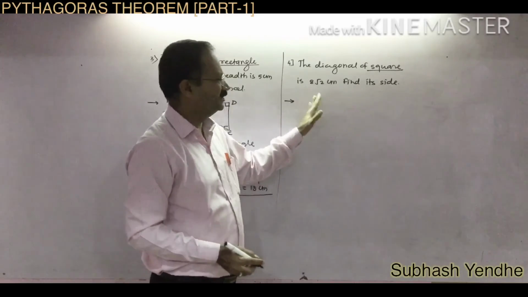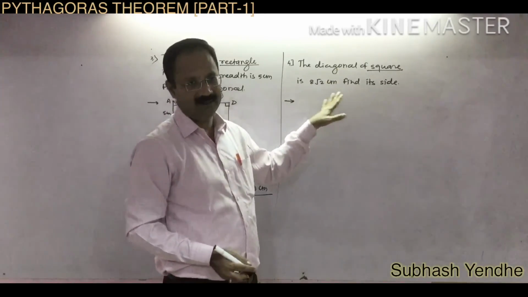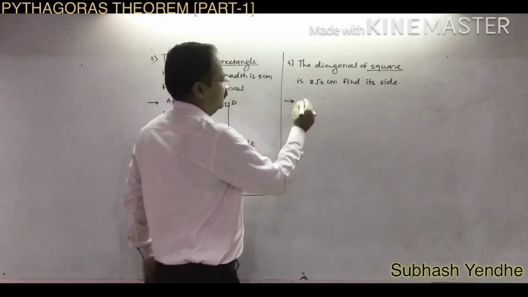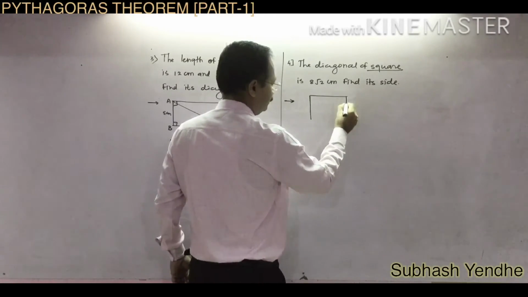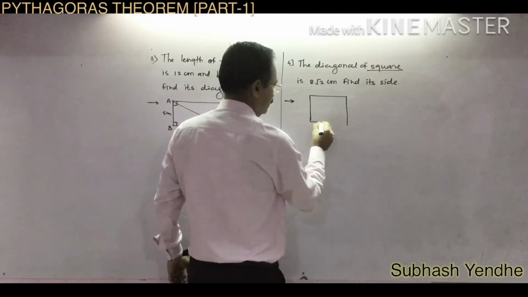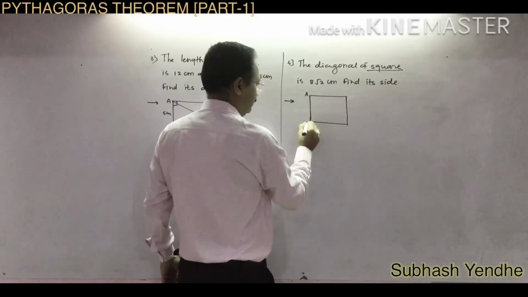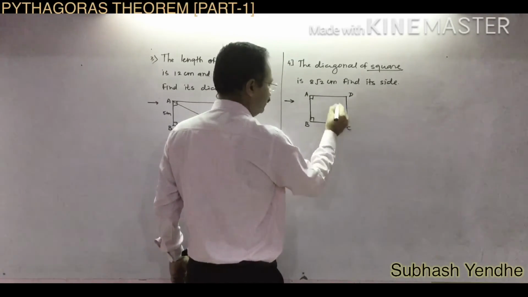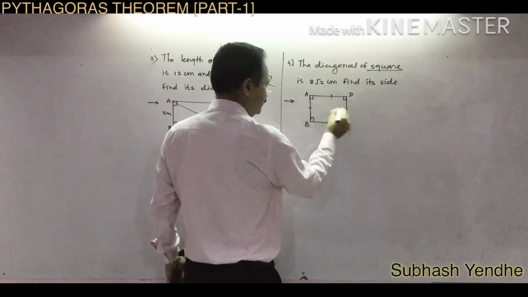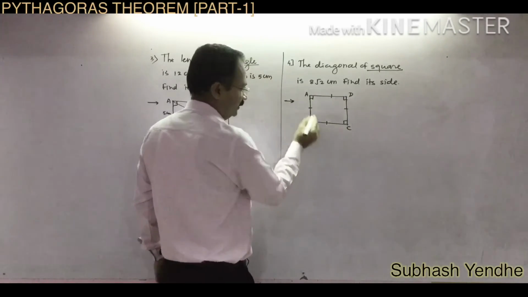So let's see the next one, which is related to the square. So let's draw the diagram first. This is the square ABCD. We know the property that all the sides of a square are congruent and every angle is 90.